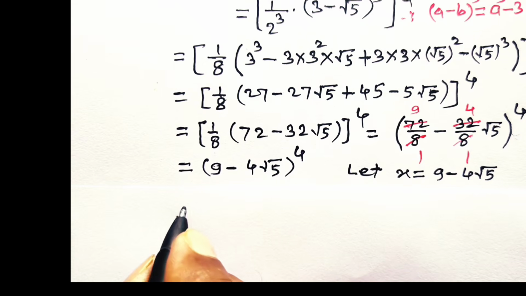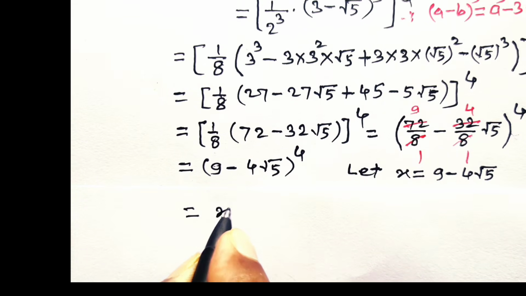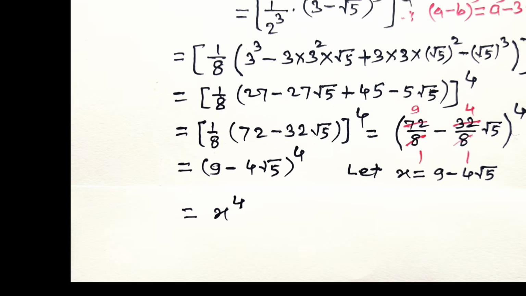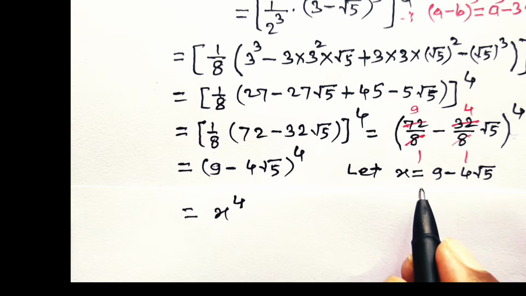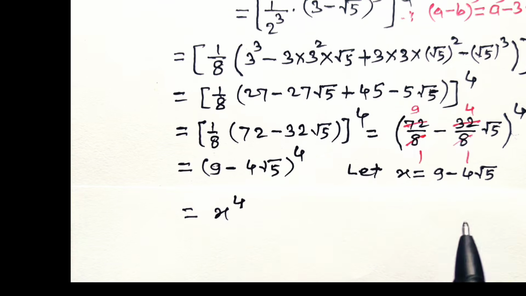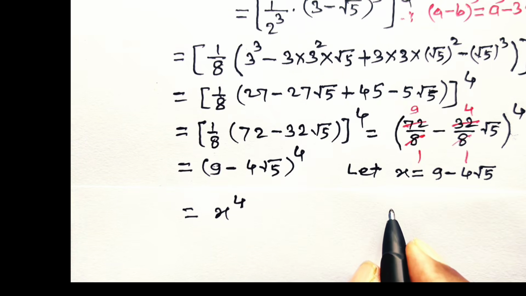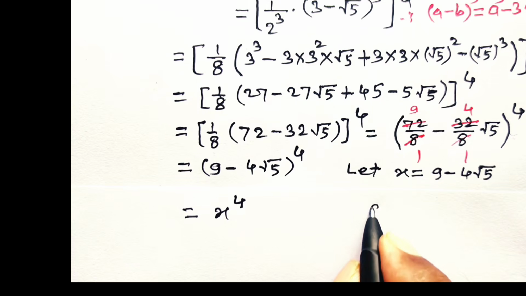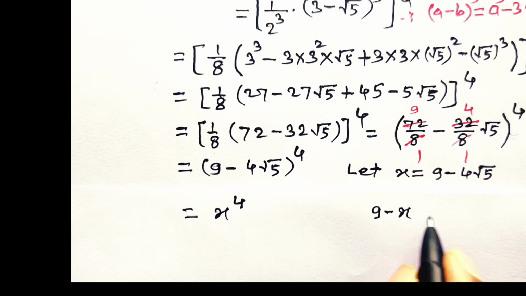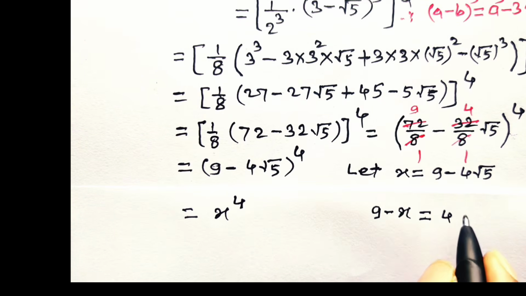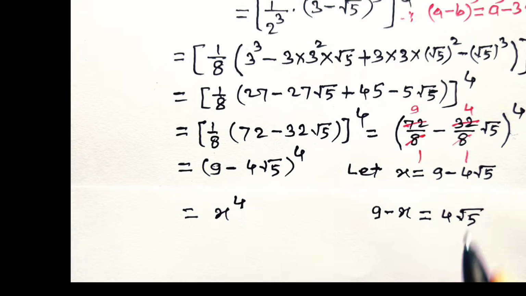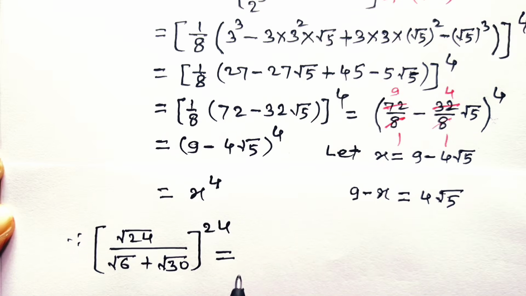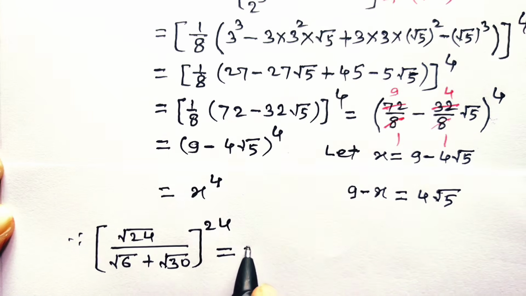This is equal to, we can write x to the power 4. Since x is equal to 9 minus 4 root 5, this can be written as 9 minus x is equal to 4 root 5. So this can be written as x to the power 4.